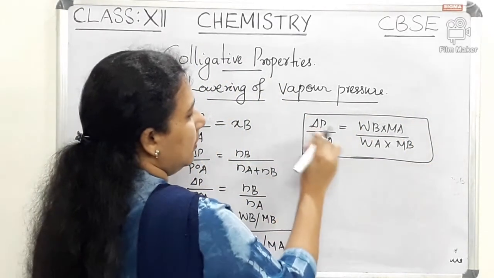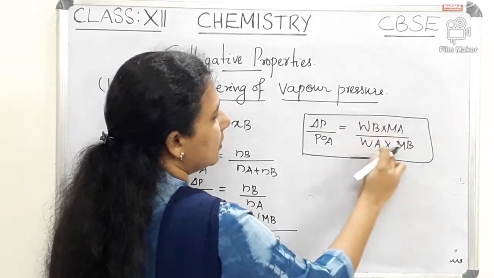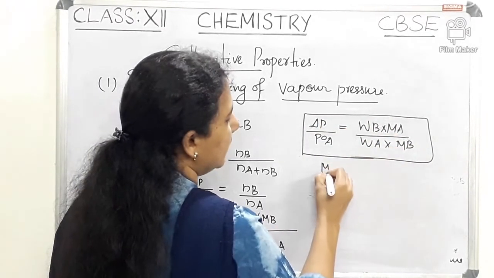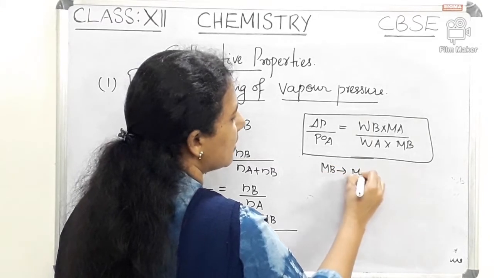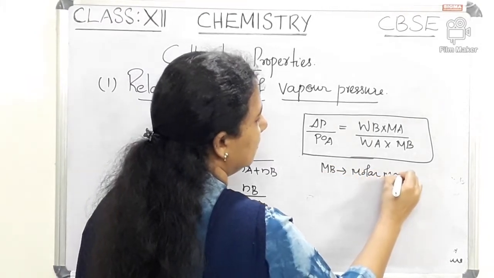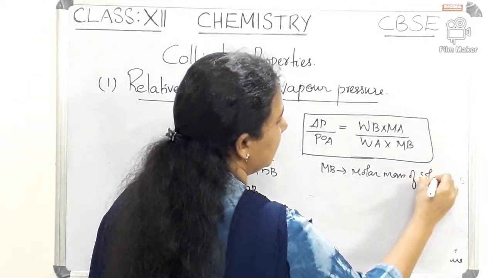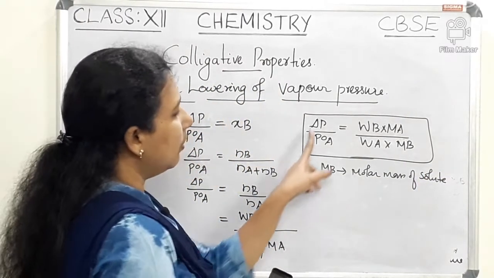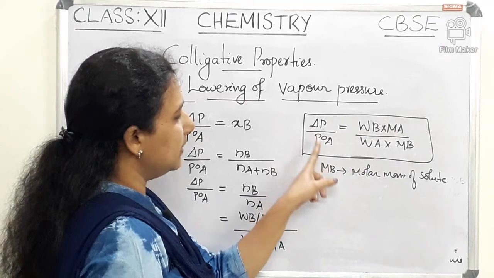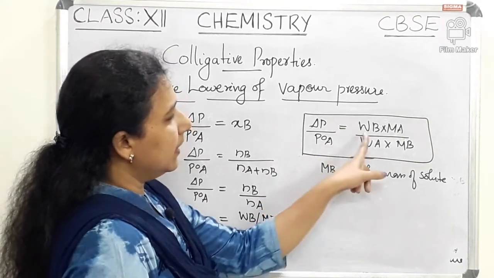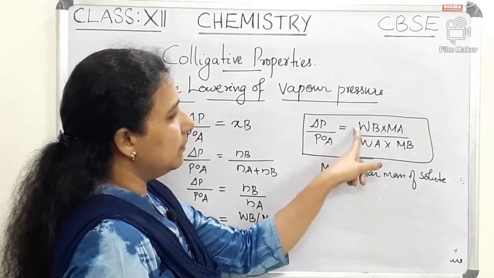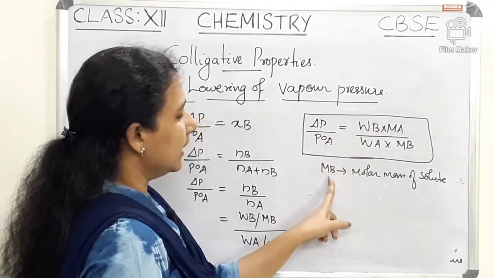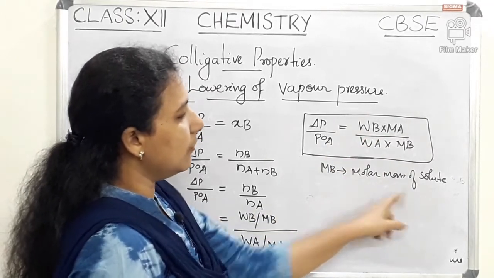If we know all the values except MB, the molar mass of solute B, we can determine it. If we know delta P, P0A, WB, MA and WA, we can easily find out the molar mass of the solute.